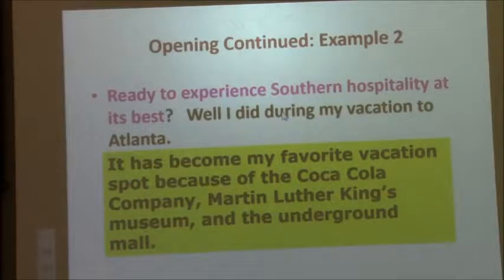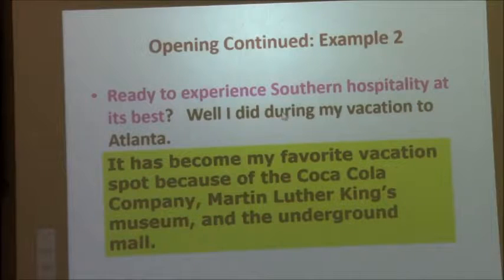Here's another example. I got several. Ready to experience Southern hospitality at its best? That's for you all. That's a provocative question. That's a thought-provoking question. If somebody from the North was reading my paper, they definitely want to read it because they want to know what is Southern hospitality. Okay? If you're from the South, you're like, hey, Louisiana has the best Southern hospitality. Nuh-uh, Georgia has it.